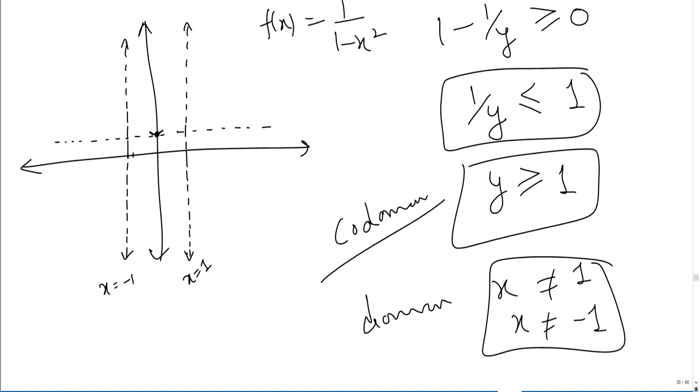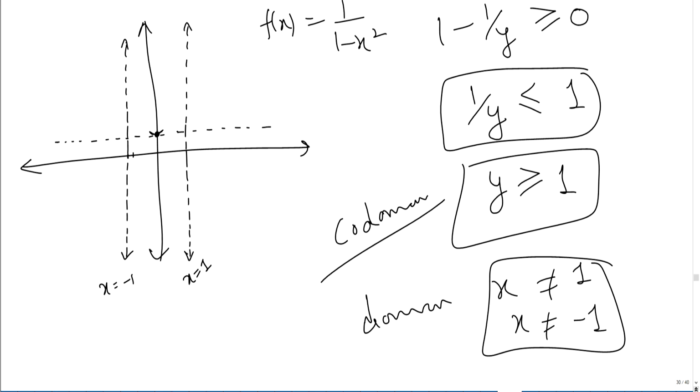So what would happen if the value of x is very close to 1 but not exactly 1, let's say 0.99? So when x is 0.99, the square would be somewhere around, let's say 0.95.